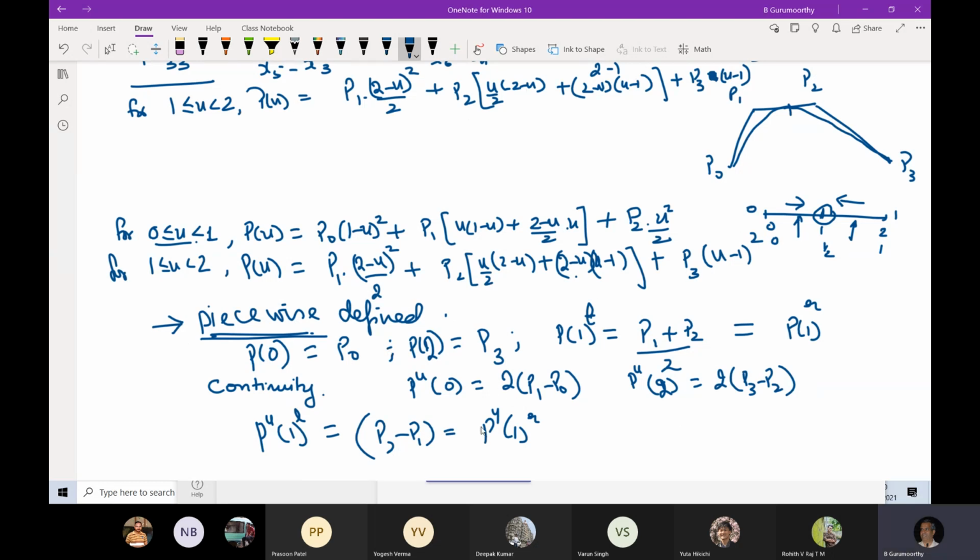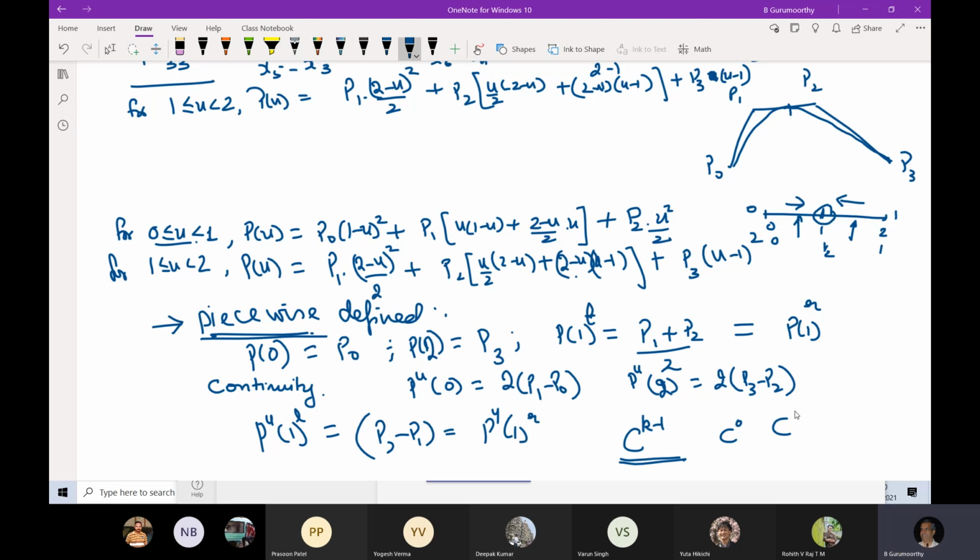So that's very interesting now. My curve, even though it is piecewise defined, gives me continuity up to k-1 order. This is a shorthand notation. We will see a more formal definition of these, but essentially it says the derivative up to which the curve is continuous. So C0 means points, there are no breaks in the curve.